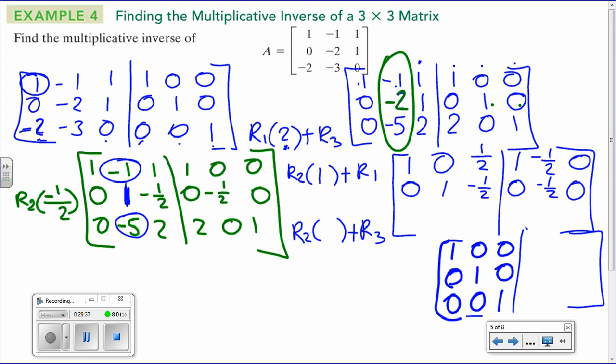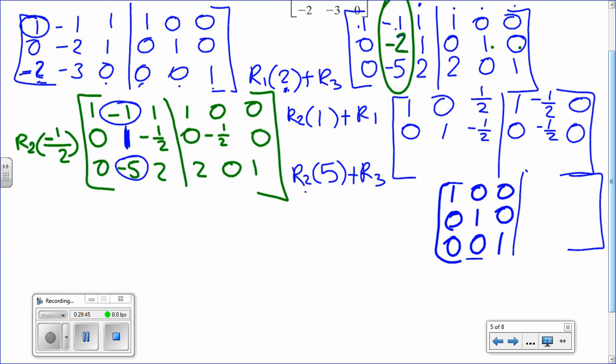Now, this 5 needs to become a 0. So we're going to use the leading row times positive 5 plus R3. Now, follow my fingers. 5 times 0? 0. Plus 0? 0. 5 times 1? 5. Minus 5? 0. Okay. 5 times negative 1/2? Negative 5 halves.